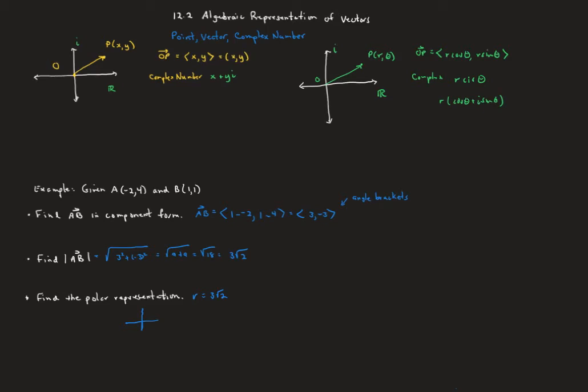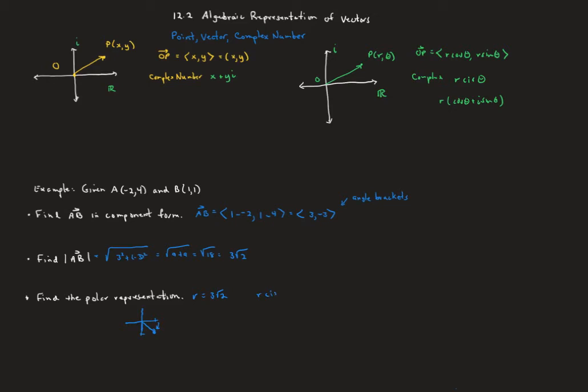So if we are at the point (3, -3), that's going to be down here. I think we can see that that's a 45-degree angle right there, hopefully. So we can call that the polar representation. We can call that r.